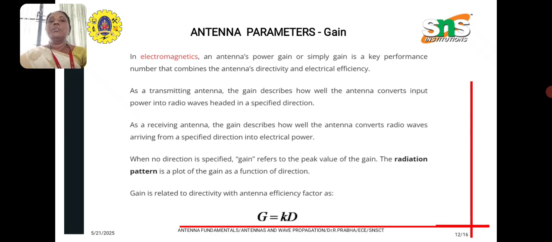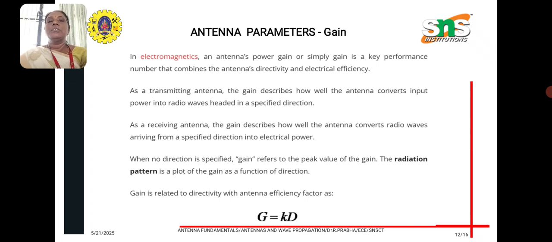For a transmitting antenna, the gain describes how well the antenna converts input power into radiated waves headed in a specified direction. For a receiving antenna, the gain describes how well the antenna converts radiated waves from a specified direction into electrical power.